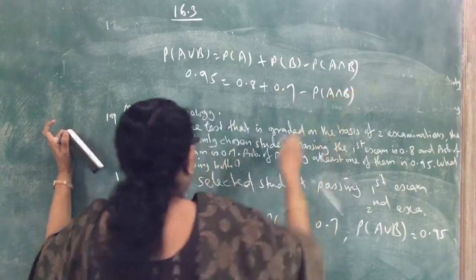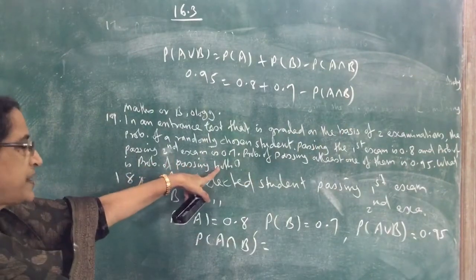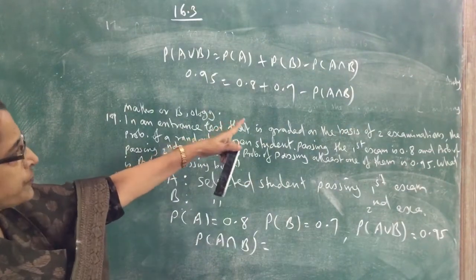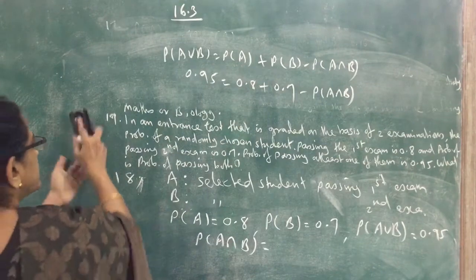This is what we want to find: passing both. Both means A intersection B. So we have to find probability of A intersection B using that formula.